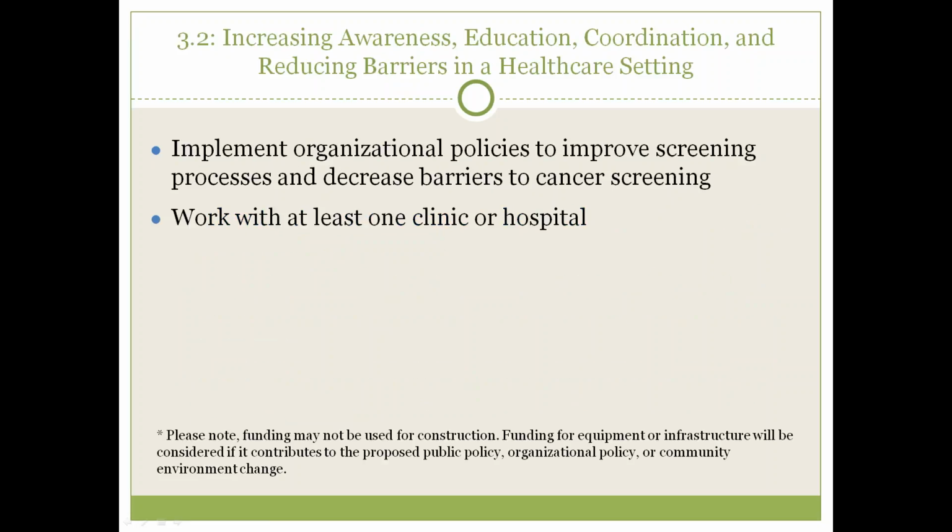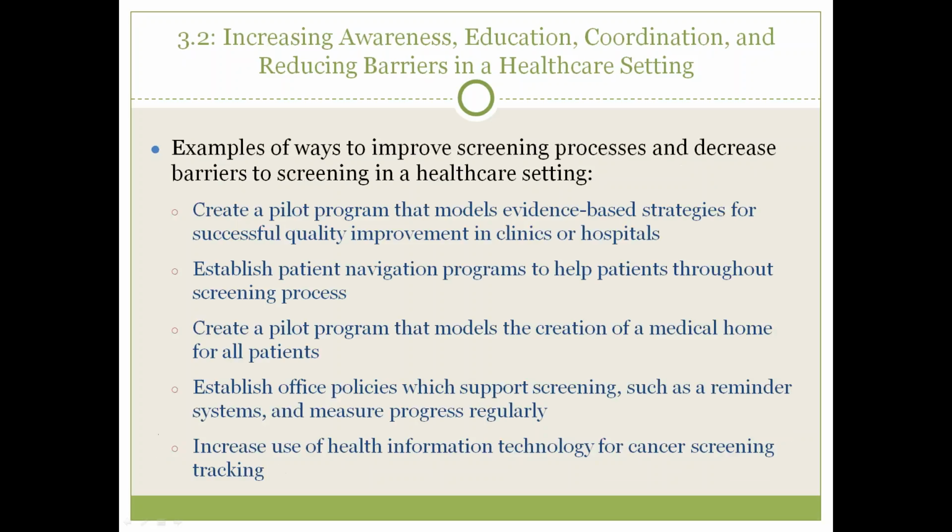So for the next portion, implementing organizational policies to improve screening processes and decrease barriers to cancer screening. And this is in our healthcare setting, so you need to work with at least one clinic or hospital.